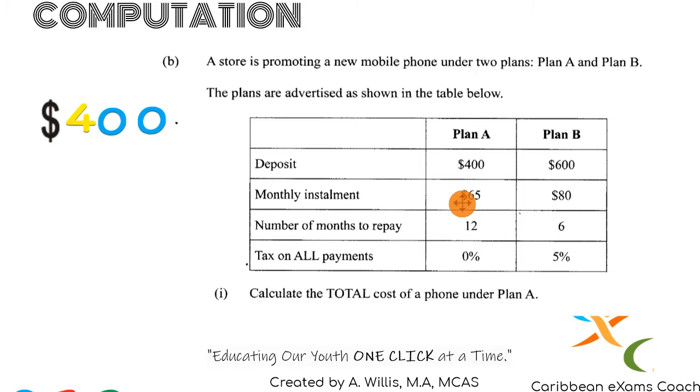Then you have to make a monthly installment of $65, and you have to do it 12 times. So let's represent that as $65, 12 times. So you multiply by 12.